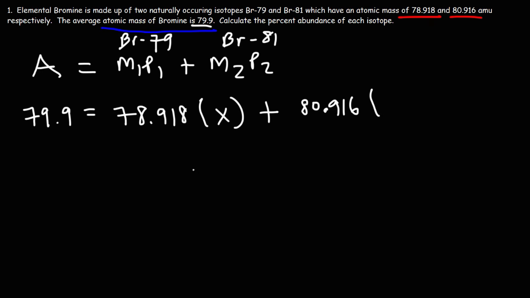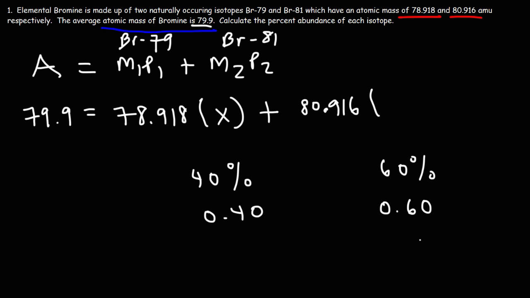Now let's assume that bromine 79 has a percent abundance of 40%. That would mean that bromine 81 has a percent abundance of 60%. We're assuming. This is not the real answer, but this is to help us to understand what to do for P2. 40% as a decimal is 0.40, 60% is 0.60.